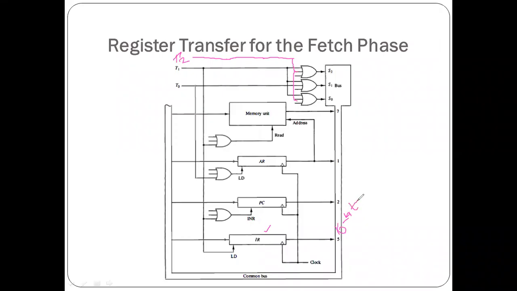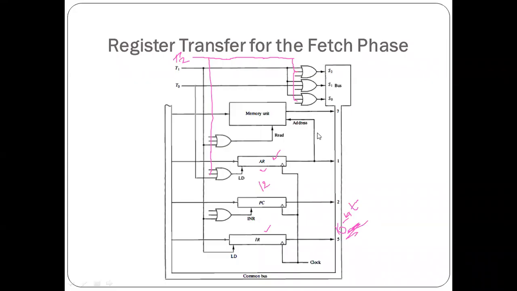That will be accepted by the address register AR after activating the load control signal. So LD has one input connected to T2. Since AR is just 12 bits, the least significant 12 bits of the 16 on the common bus are accepted by AR. This is done in T2.